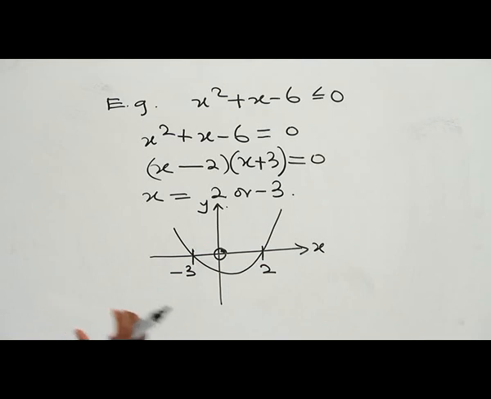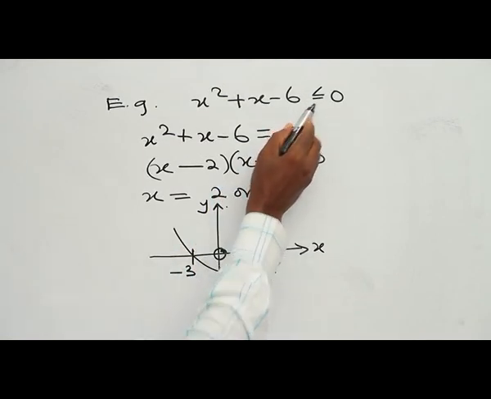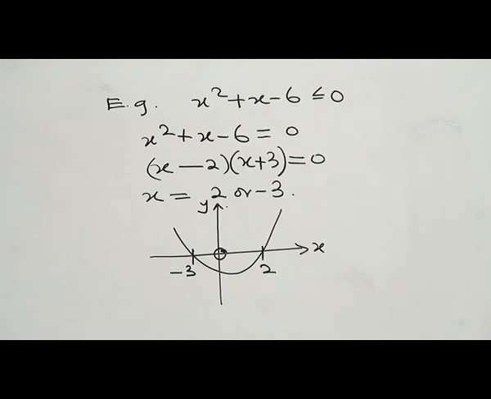Now, if you carefully look at the inequality symbol, it says less than or equal to. Anything that is less than 0 means it is negative, and looking at the graphical solution, it means below the x-axis. This is the region that is below the x-axis.